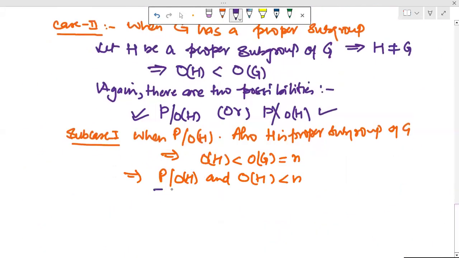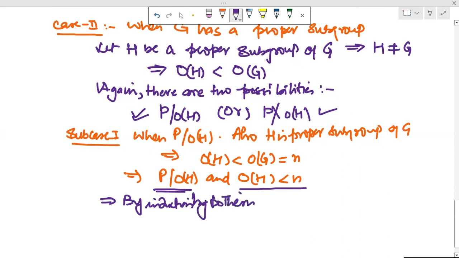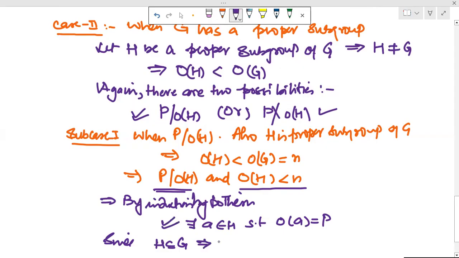Now we are getting P divides the order of H, and the order of H is less than n. This means that by the induction hypothesis there exists an element a in H such that the order of a is equal to P. Now, since H is a subset of G, this statement is true for G also.